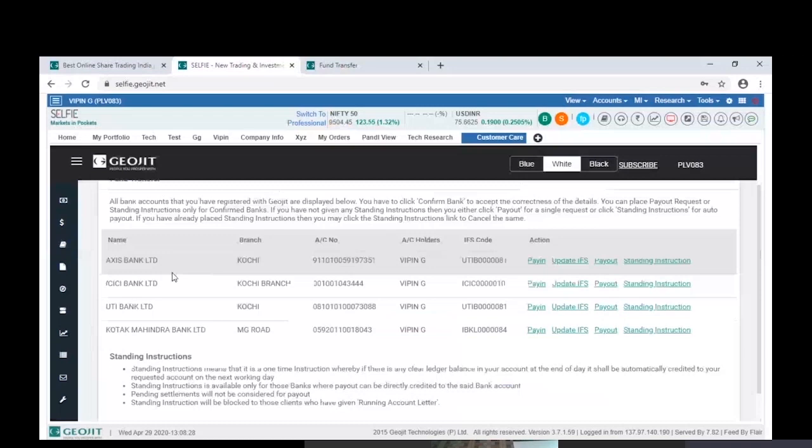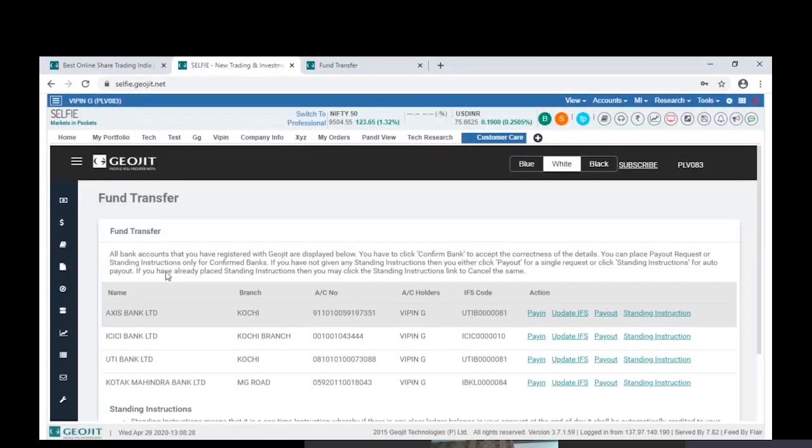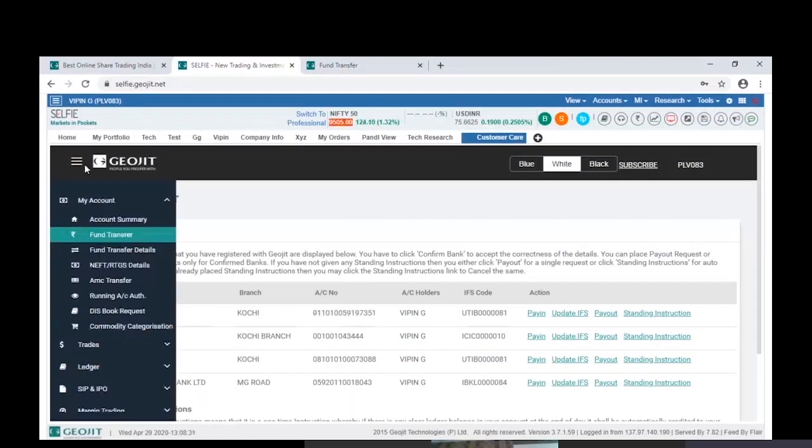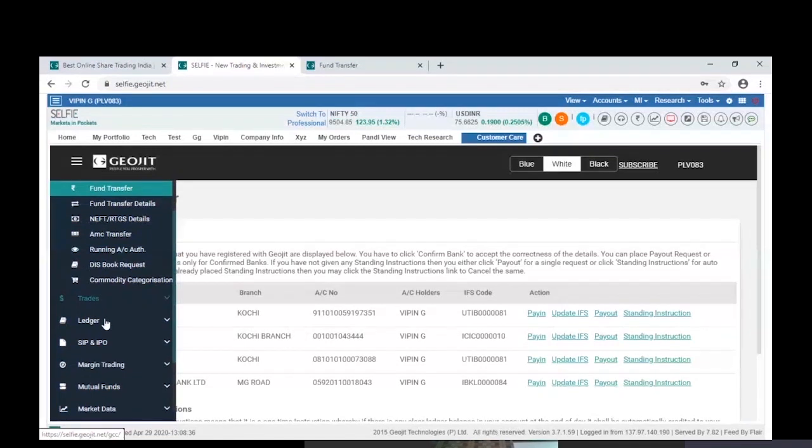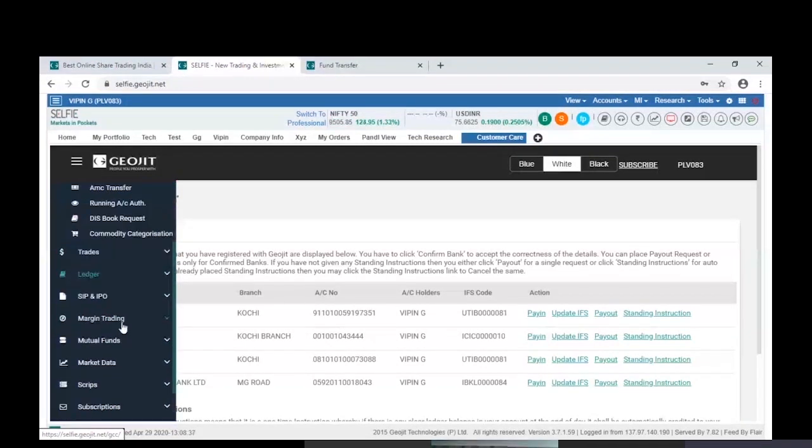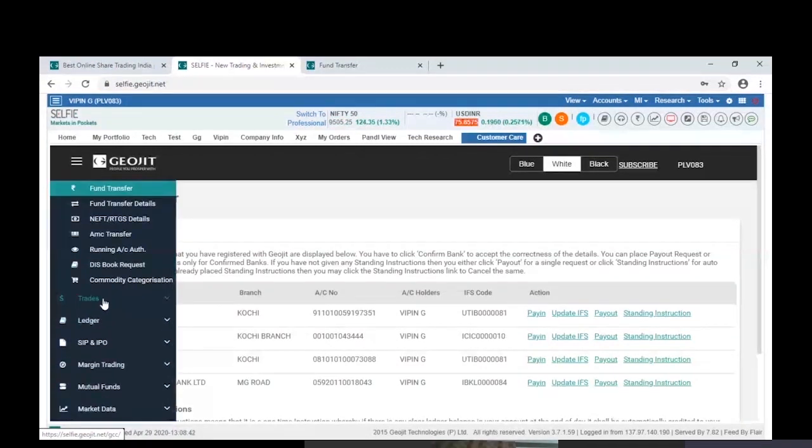So this customer care site, which is actually the backup of the trading terminal, gives you many other information like your profit and loss statement. You can query the profit and loss statement from here.